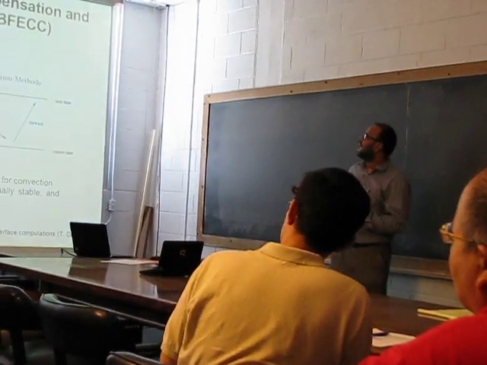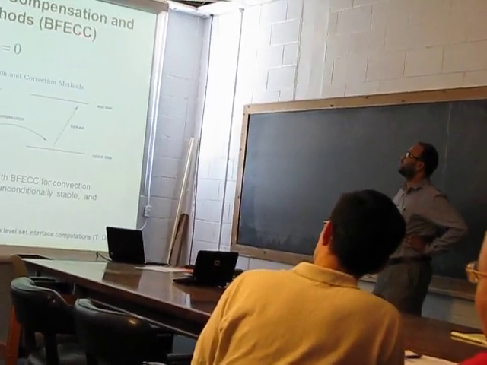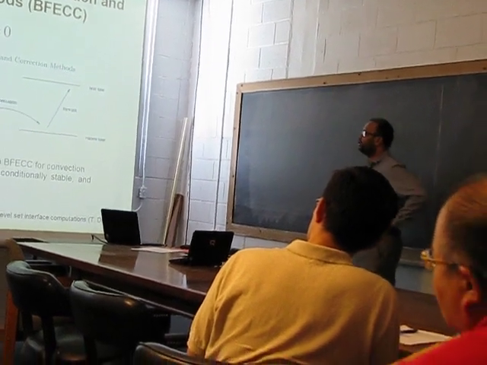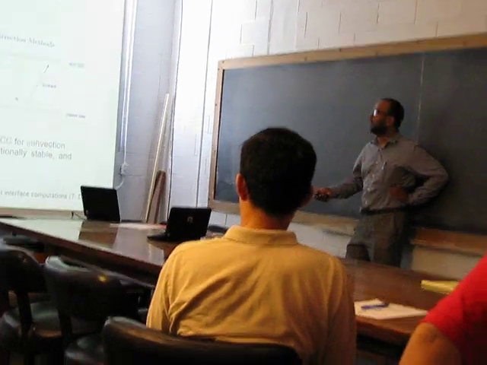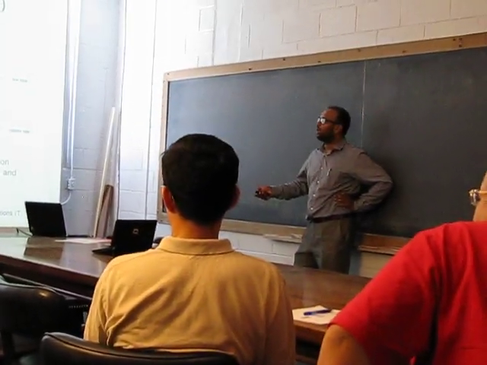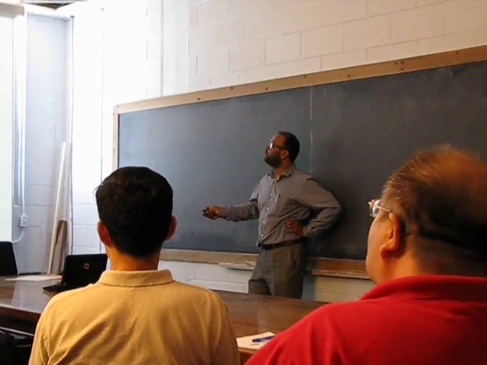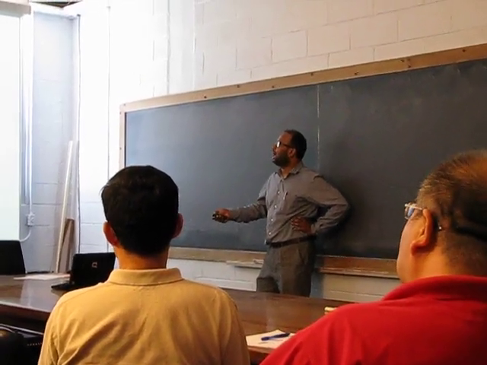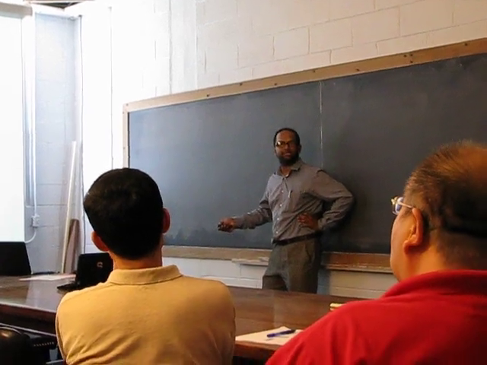So this is to solve only the advection part, but we use the CIR method in association with the back and forth error compensation and correction method. What is this method? First, from current time to the next time, we solve by CIR. Whatever solution you get, we solve the same equation with the negative sign with that solution as the initial condition to get back to the original time step.